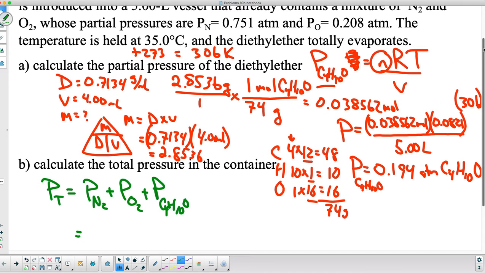They are 0.751 atmospheres plus 0.208 atmospheres plus 0.194 atmospheres. So I just simply now add these all together.